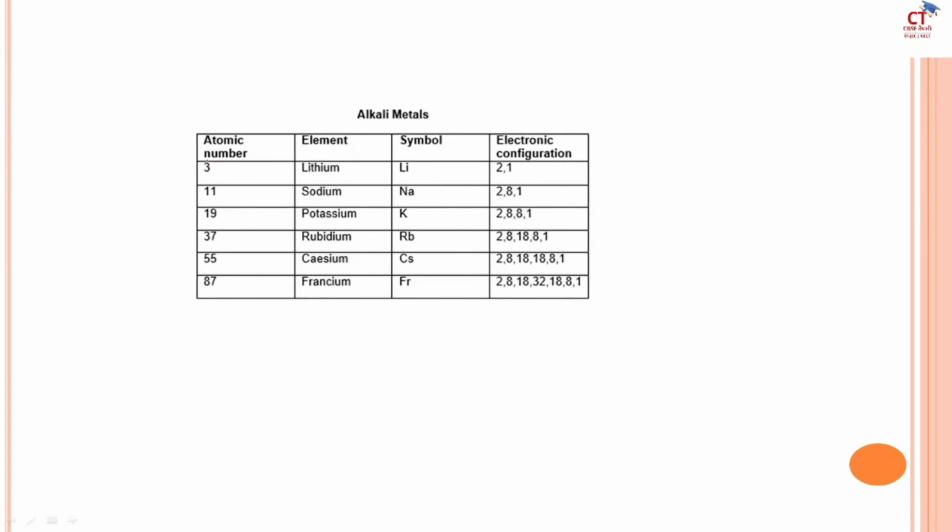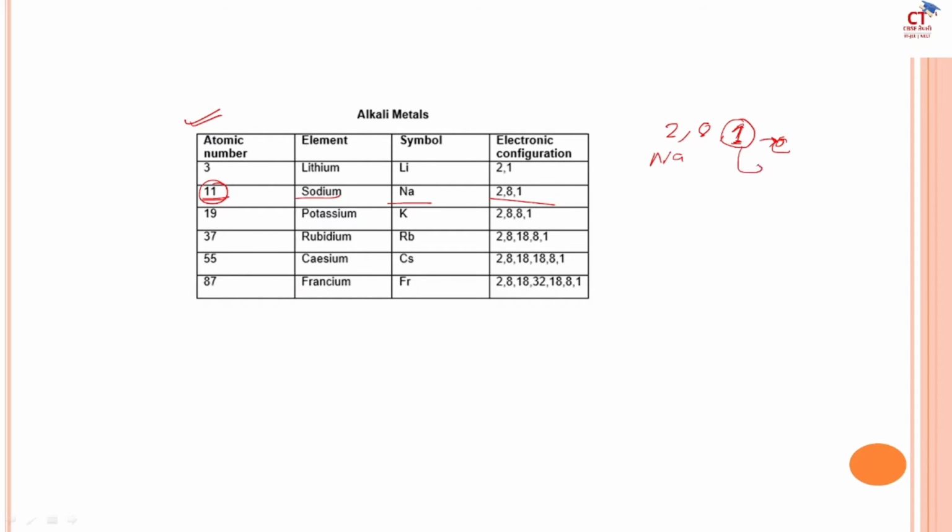Okay. Let's see. In case of sodium, the atomic number is 11. This is the electronic configuration, that is 2, 8, 1. That is, this shell has only one electron. So what will this sodium do?